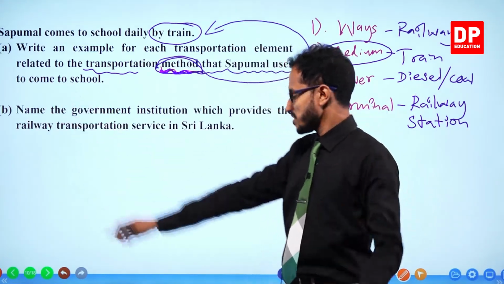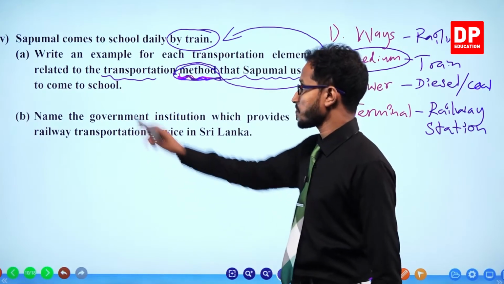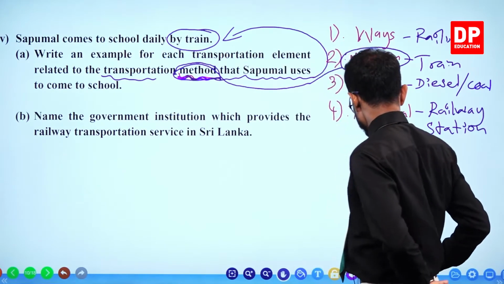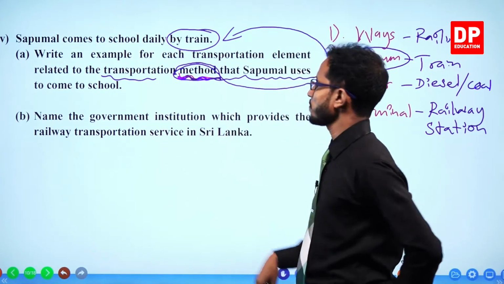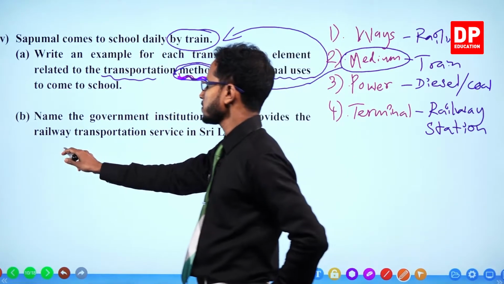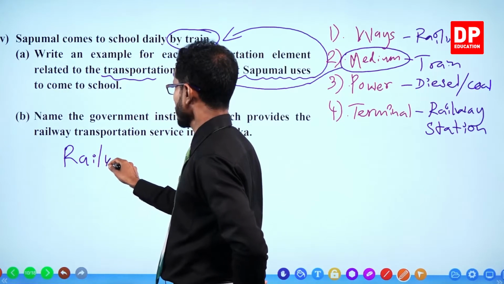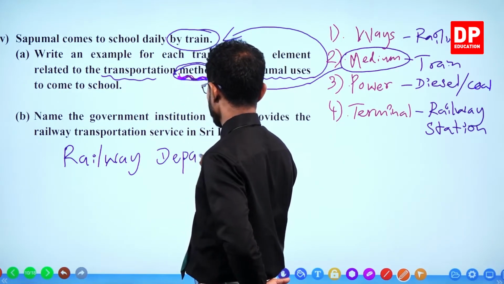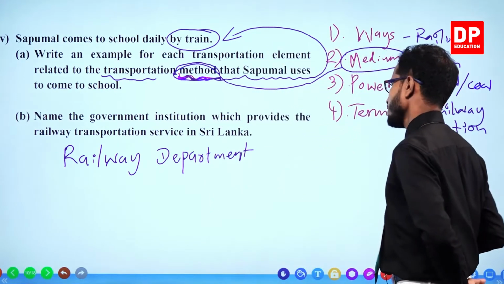Finally, we have the last part of the fourth, Roman number 4. Name the government institution which provides the railway transportation service in Sri Lanka. Railway Department. It's a government department. Okay? Done.